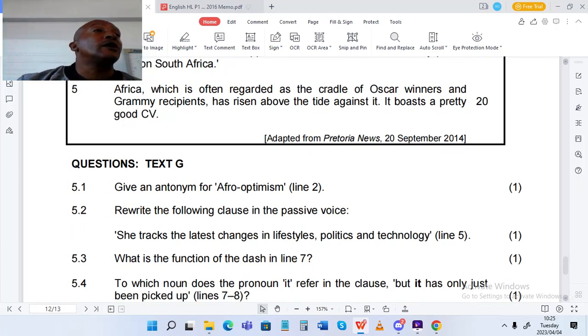Oh, let me talk about, we discussed this yesterday in short, when we said, give an antonym for Afro-optimism, 5.1. Now, an antonym is an opposite. You are not going to find an opposite for this almost stupid word, Afro-optimism. It's to confuse you. All you need to know is, what is the opposite of optimism?